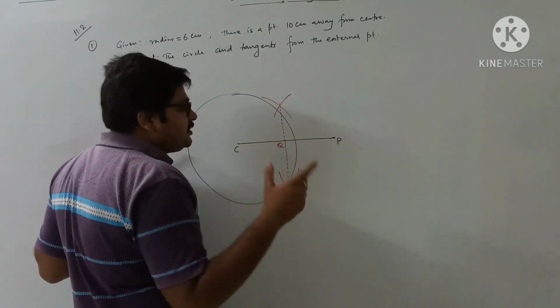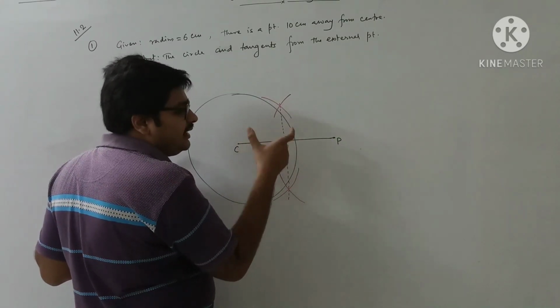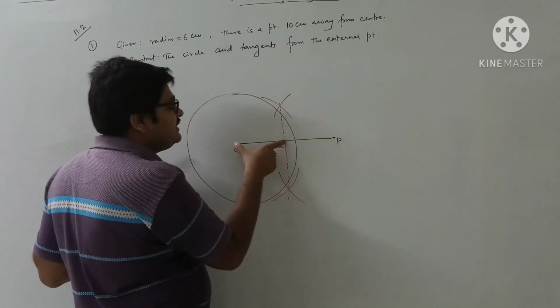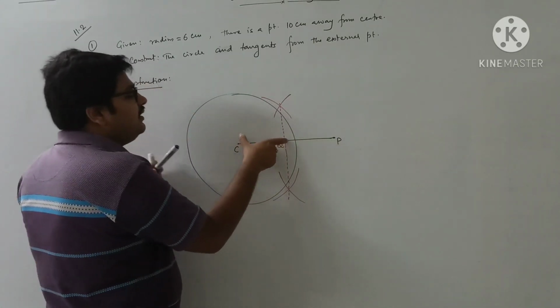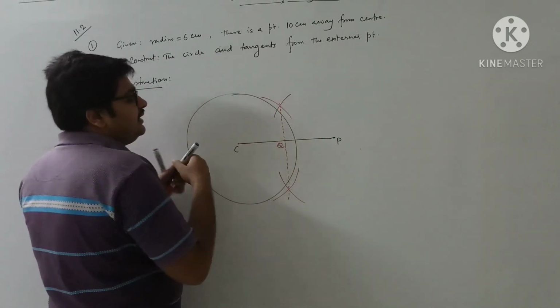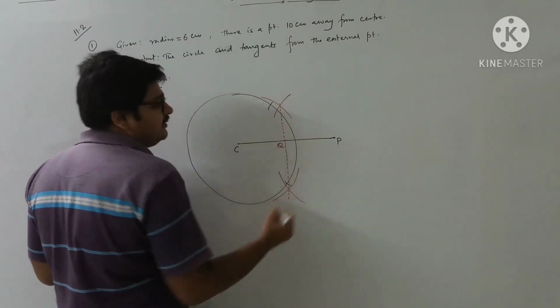keeping the compass pointer at Q, taking the distance up to O, we will just cut off two arcs from the circle.